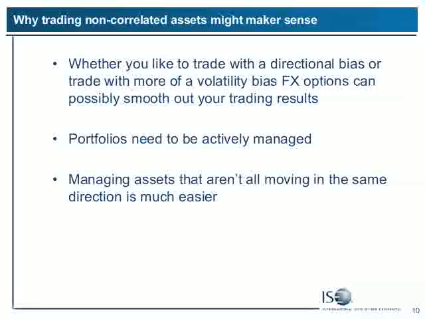Portfolios need to be actively managed. Of course, if you're looking out many, many decades, maybe less so, but you're always going to need to rebalance your portfolios. So even if you're younger, you're going to want to do some rebalancing, and you're going to probably want to use options in some way, because options give you limited risk. Managing assets that aren't all moving in the same direction is much easier.